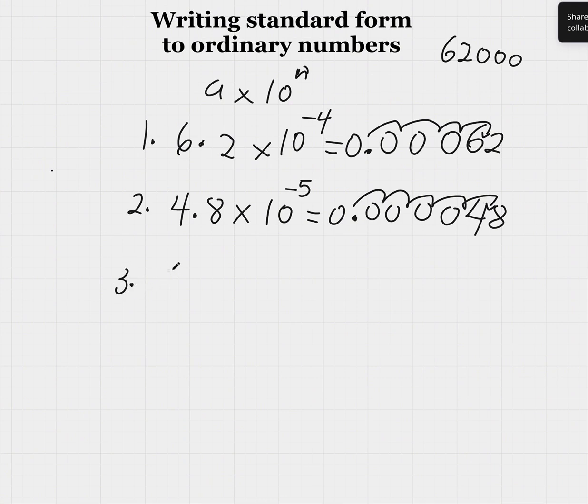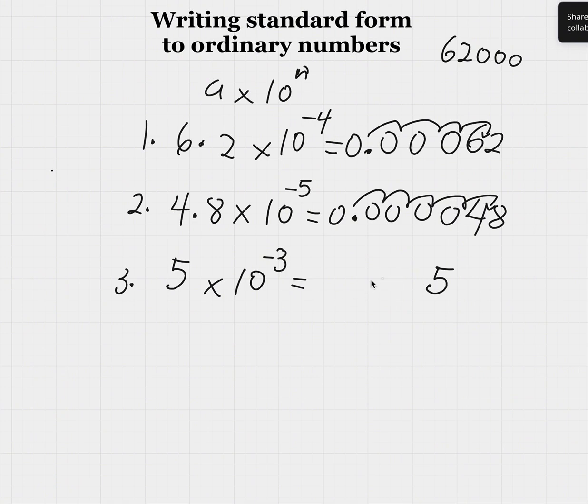Let's look at the third question. When we have a whole number, so let's say 5 times 10 raised to the power minus 3. The only difference, and I want to highlight this, is that when the power is negative and a is a whole number, it still follows the same trend. So you write your whole number here, which is 5, and you still reduce the number of zeros by 1.